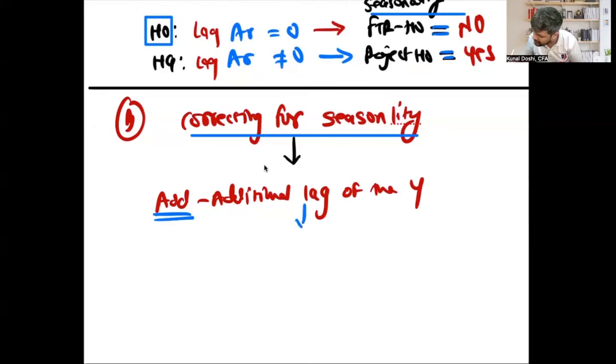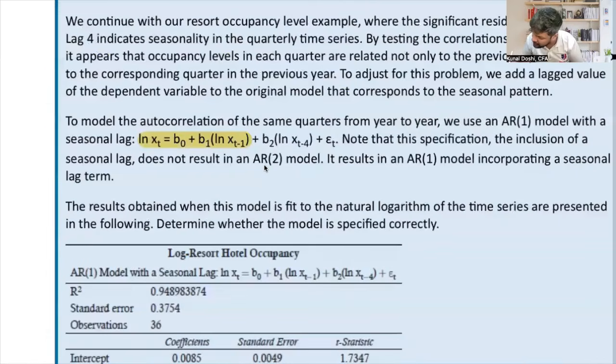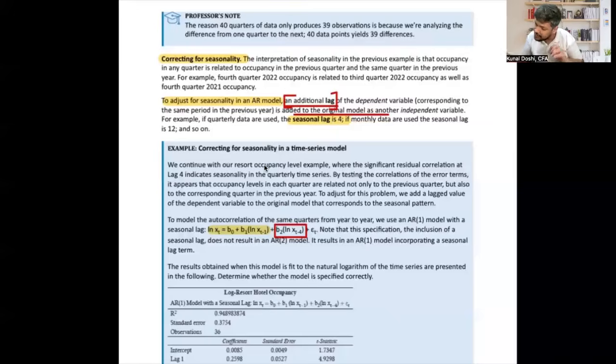So now the model will translate, from ln x_t = b0 + b1 x_(t-1), an extra term is added into the model, which is b2 x_(t-4), one year back. So this is my seasonal lag which is being added.